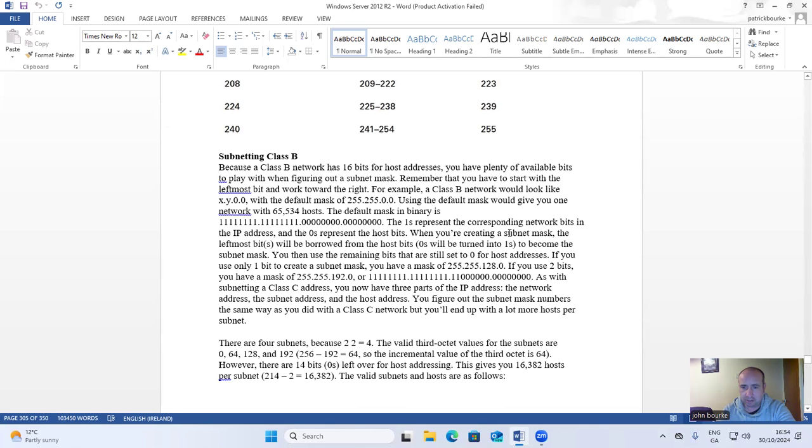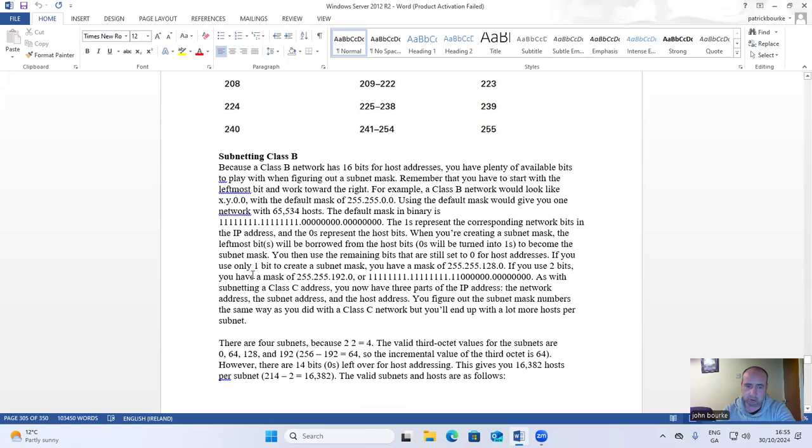The ones represent the corresponding network bits in the IP address, and the zeros represent the host bits. When you're creating a subnet mask, the leftmost bits will be borrowed from the host bits. Zeros will be turned into ones to become the subnet mask. You then use the remaining bits that are all set to 0 for the host address.